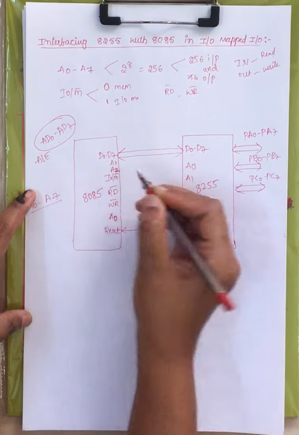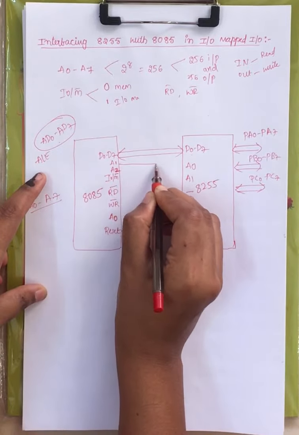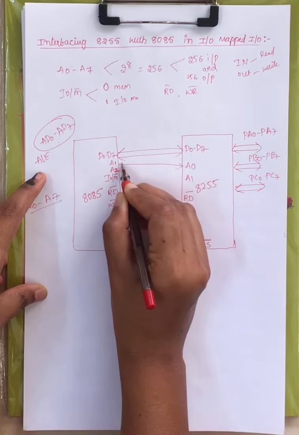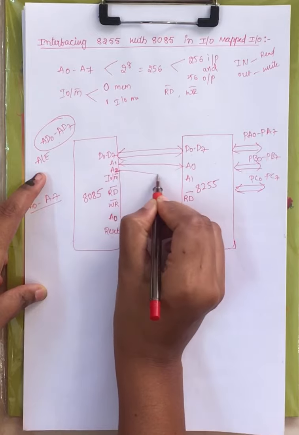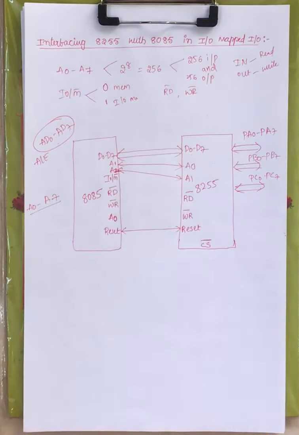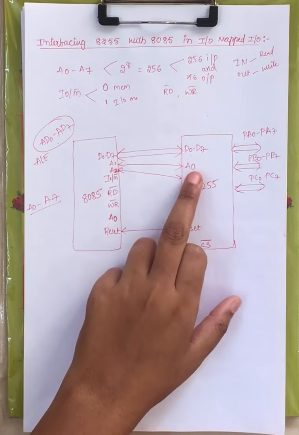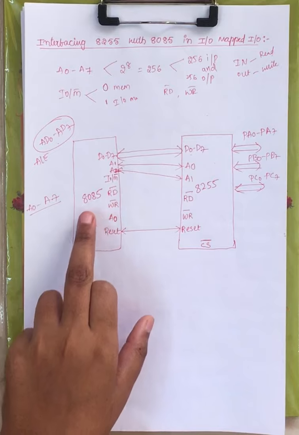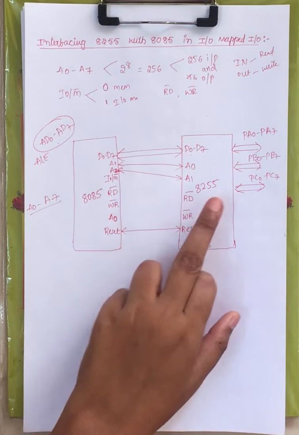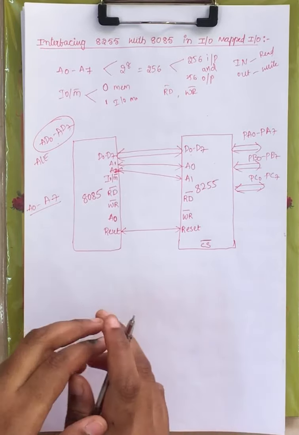A1 of 8085 is connected to A0 of 8255 and A2 of 8085 is connected to A1 of 8255. This is common for every interfacing.